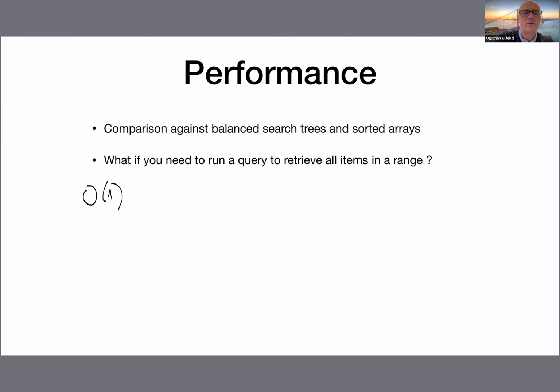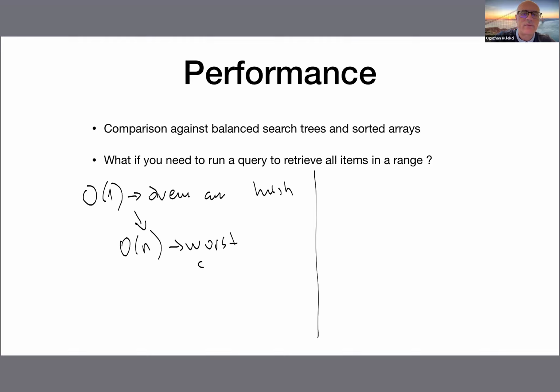So O(1), this is an average complexity when I use hashing, okay? But I know if I did not maintain my hash table properly, that can go worse to O(n) in the worst case, right? So this is for the hash schemes.